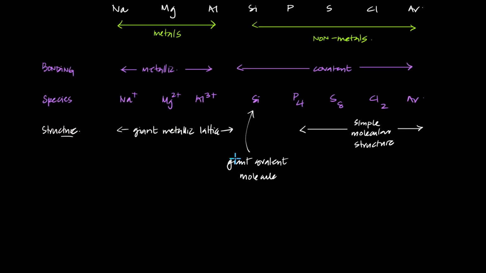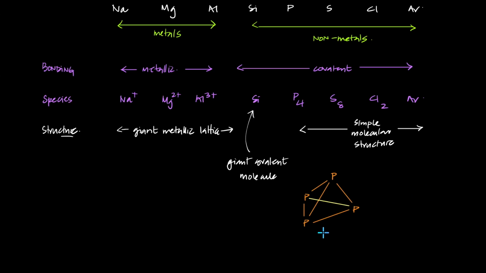If you don't know what these look like, I can show you P4. P4 looks like this. There's one phosphorus here, one there, one there, one there, and each phosphorus bonds to all the other phosphorus by single bonds. So each actually makes 3 bonds, and this one is behind these two.